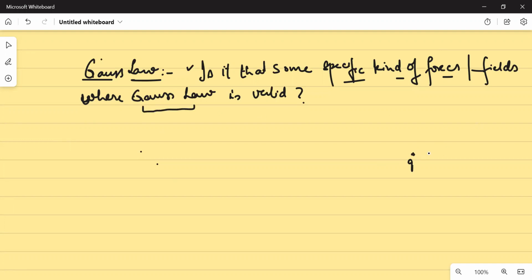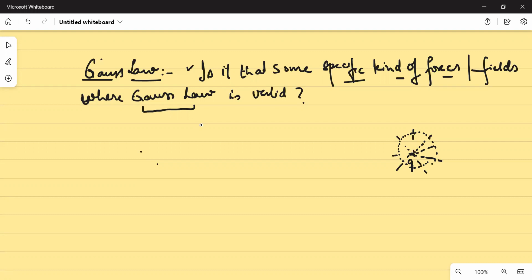For example, if I have a charge Q, and if I want to find the flux enclosed, I would simply make any sort of enclosure. If I make any sort of enclosure, and if I want to find the total charge enclosed, it will be equal to Q only. And what is the net flux linked through this surface?